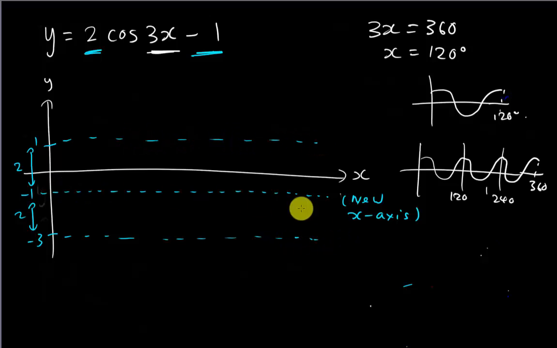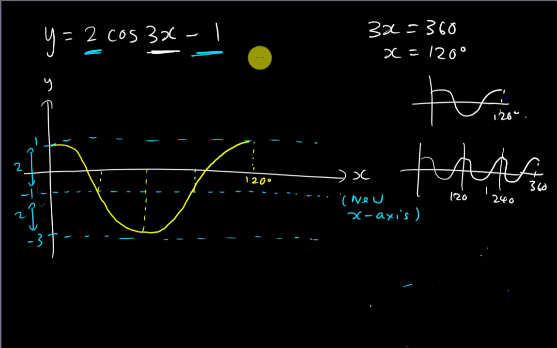Then this is my new x-axis. If I sketch the cos graph, it starts from here, passes through here, and stops here. Same thing, I will label everything on the x-axis only. This is 120. So this one divides again, this one divides again. 120 divided by 4, because it's 4 parts here, is 30 degrees each.